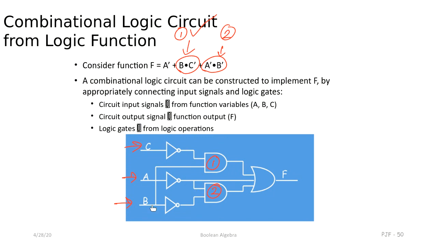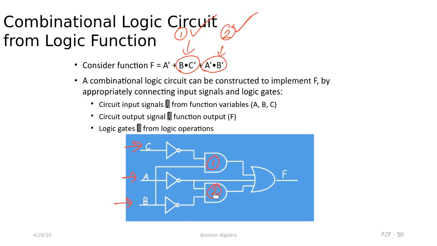Similarly, the B input is also coming and we are also using a NOT gate here because we need inversion. So the NOT gate will invert the input and then it will go into this AND gate. So that's how this is being implemented. The second part of the function is also completed with the second AND gate.